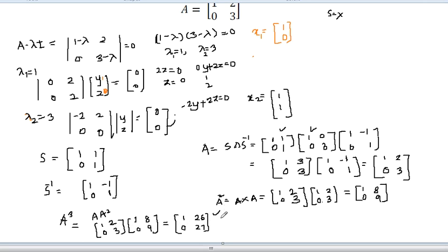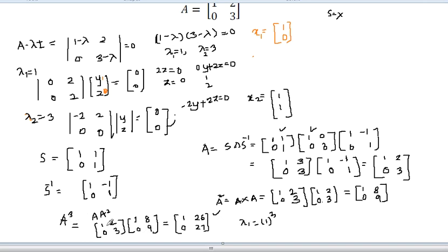Then let's check one of the properties. We have seen that if we find A cube, then the eigenvalues of A cube have to be λ1 cube and λ2 cube.